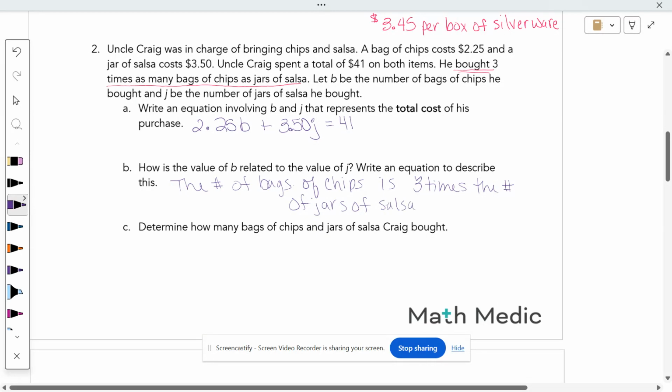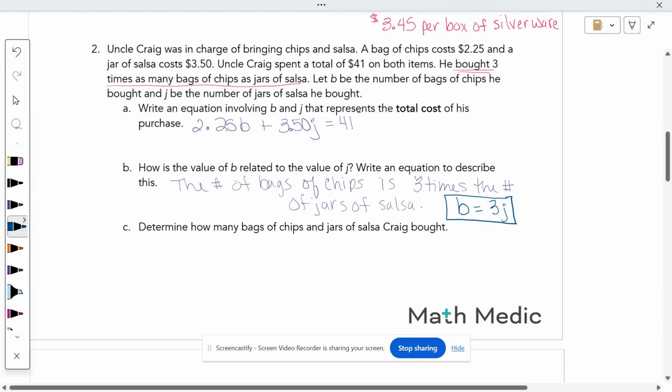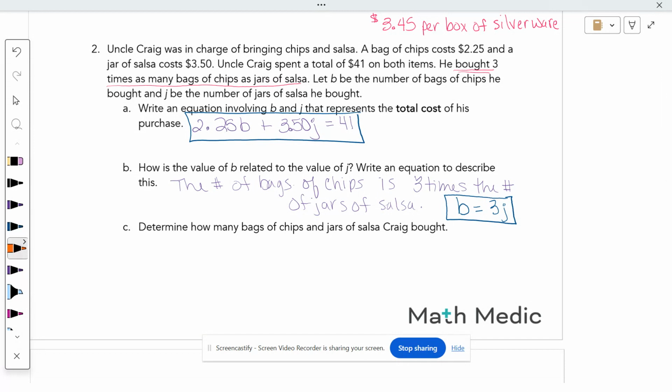So what does that really mean? That just means that the number of bags of chips equals 3 times the number of jars of salsa. So those are our 2 equations. This is my first equation, and this is my second equation. So now I need to solve to figure out how many bags of chips he brought.